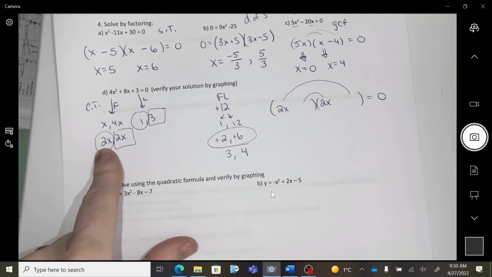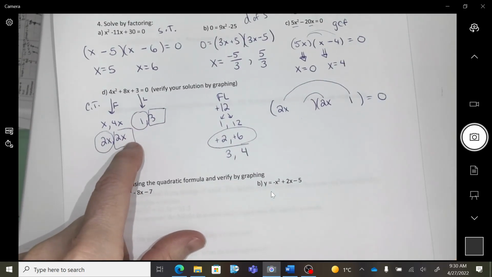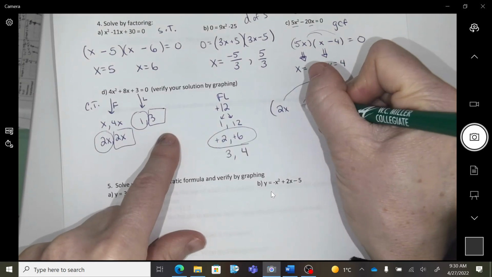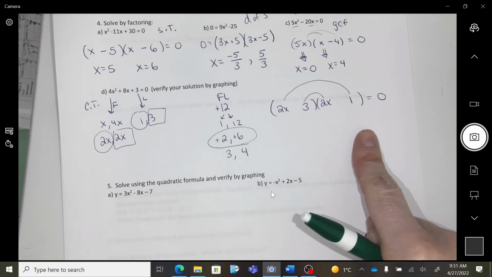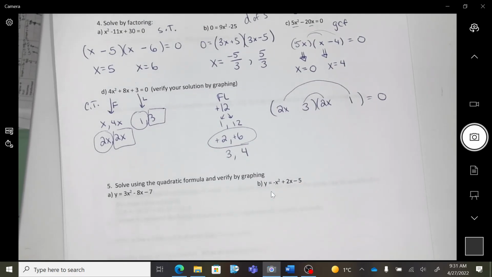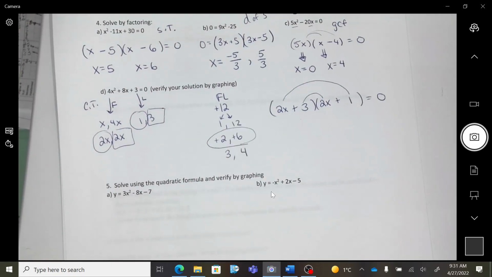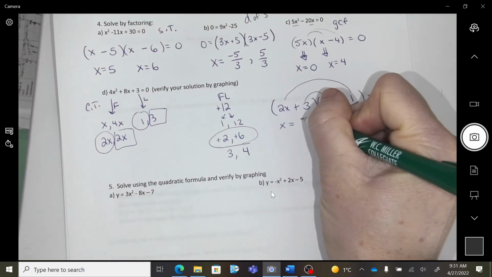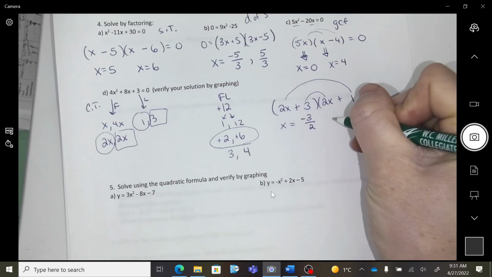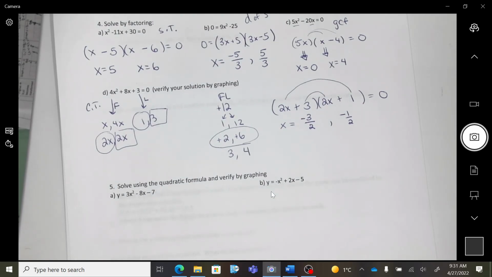So I put the 2x with the 1, and this 2x with a 3. Do you see my outsides make 2x, my insides make 6x? Now I got my 8x. We already did all the sign work, so we said positives. So here x equals opposite divide, opposite divide.